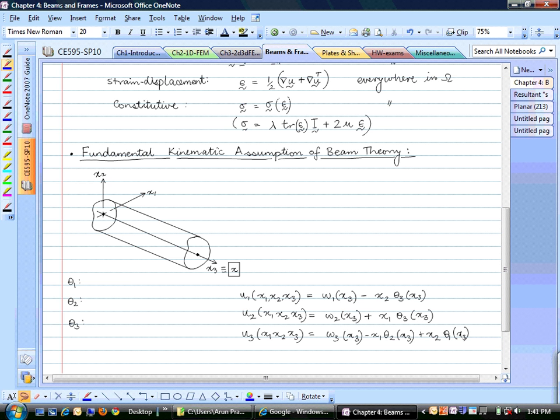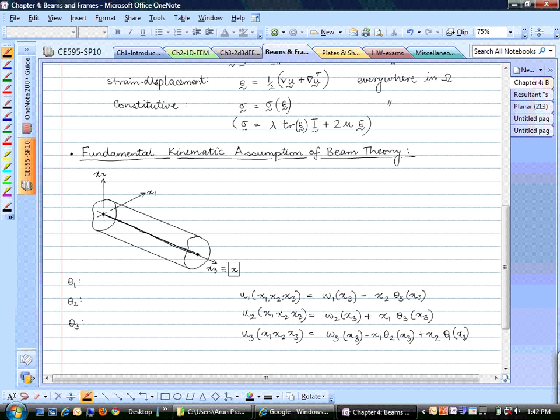So the idea here is, let's say you have this beam, and this center line right here, we are going to try to characterize the displacement of this beam in terms of the displacement of this center line.